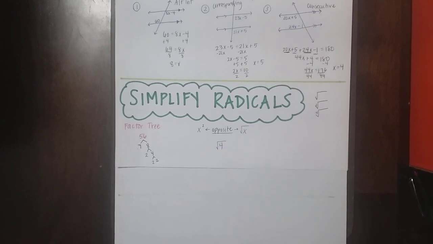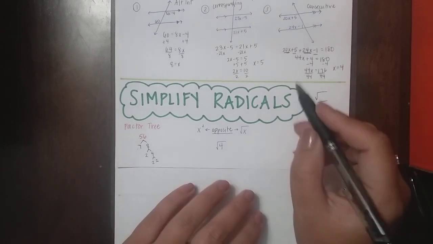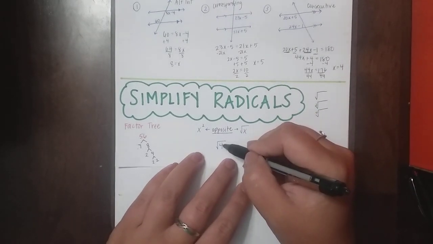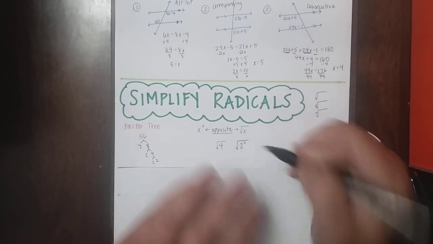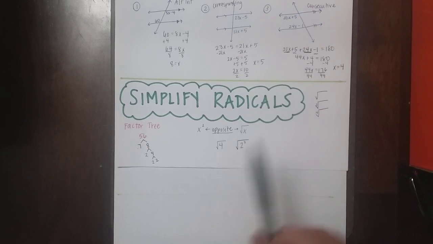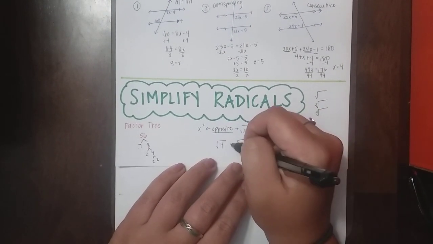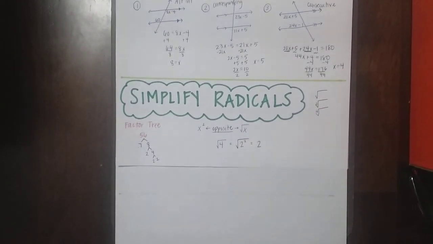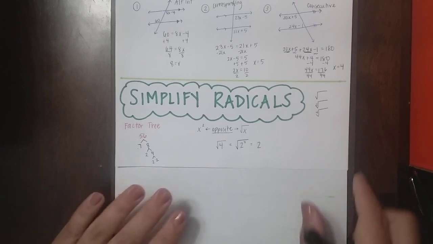Then the square root and the square cancel each other out, and I can bring out that number. For example, 4 is 2 squared. If I rewrite this as the square root of 2 squared, the square root and the square cancel, and that's where I get my 2 from, because the square root of 4 is 2. We're going to keep that in mind when we start to simplify our radicals.